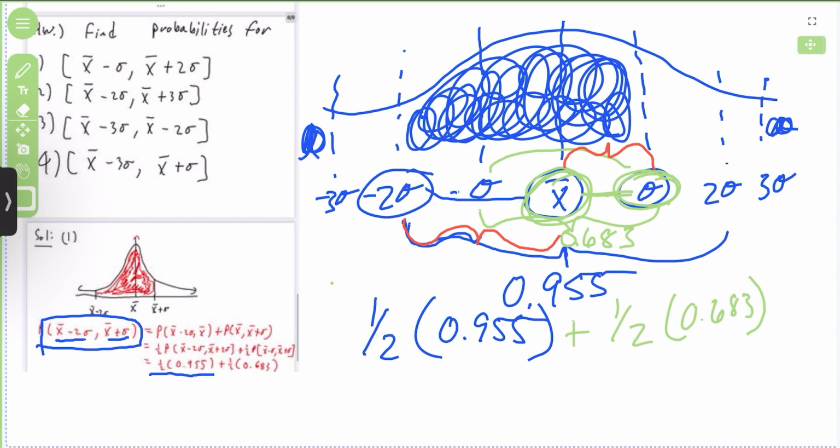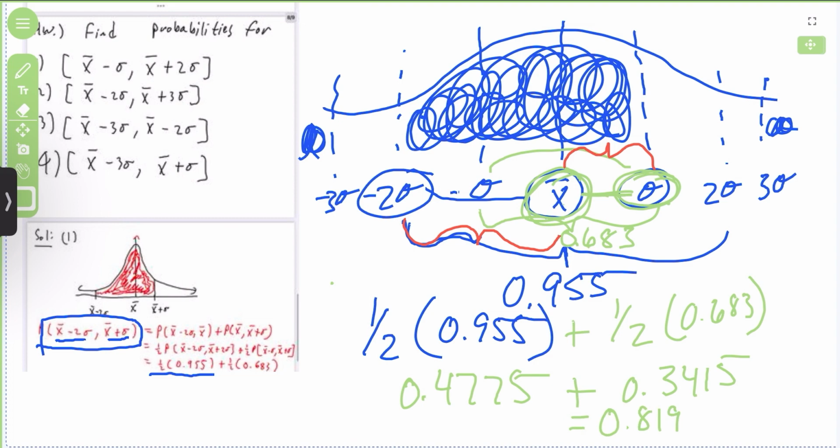So that is 0.4775, and then plus 0.3415, and we add that together, we get 0.819.